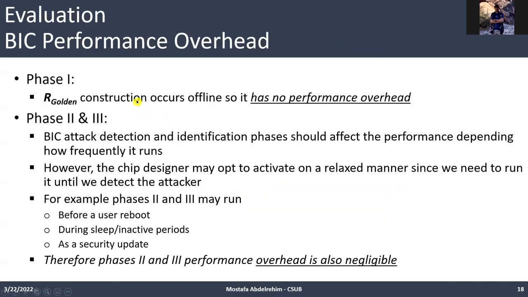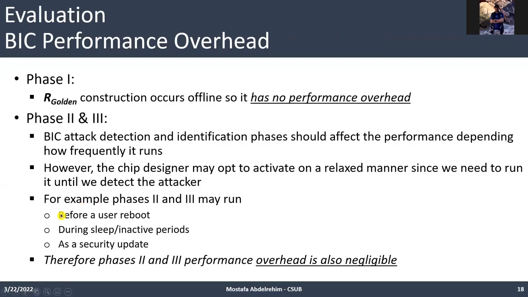Now for the performance overhead. Phase 1 has no performance overhead, because we estimate R golden offline. But phases 2 and 3, which are the detection and the identification of the attacker, happen online. But we propose to activate these phases in a relaxed manner, since we need to run them until we detect the attacker, so we can have a relaxed triggering.